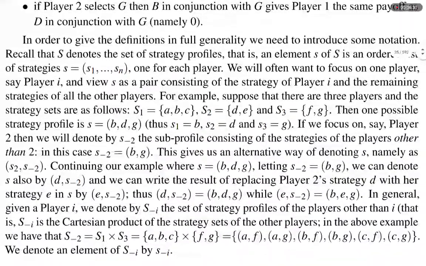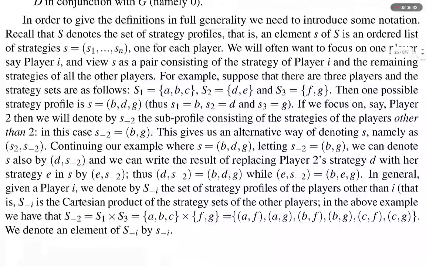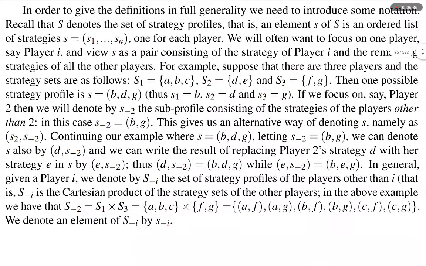In order to give the definitions in full generality, we need to introduce some notation. Recall that capital S denotes the set of strategy profiles. That is, an element S of capital S is an ordered list of strategies, S equals (S sub 1 through S sub n), one for each player.